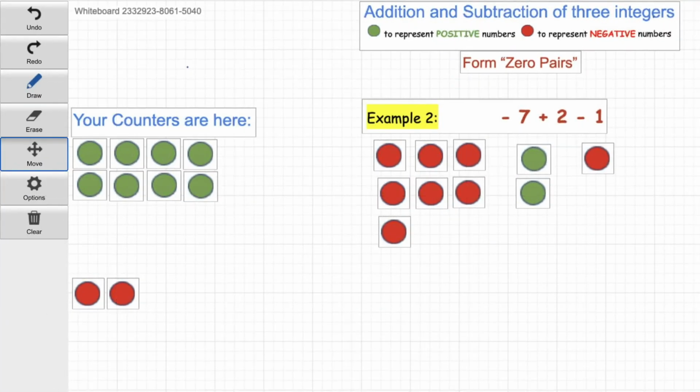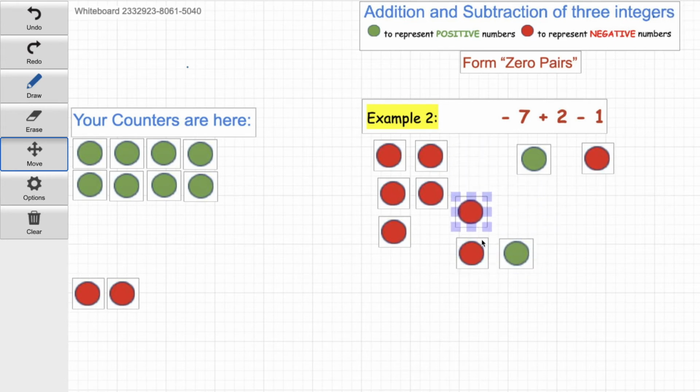So all we need now is to solve the expression working from left to right. We're going to use the zero pairing method. So we know that one red is going to go with one green, then follow the same method.